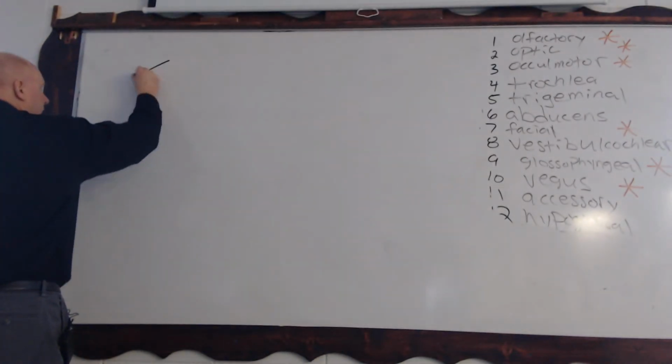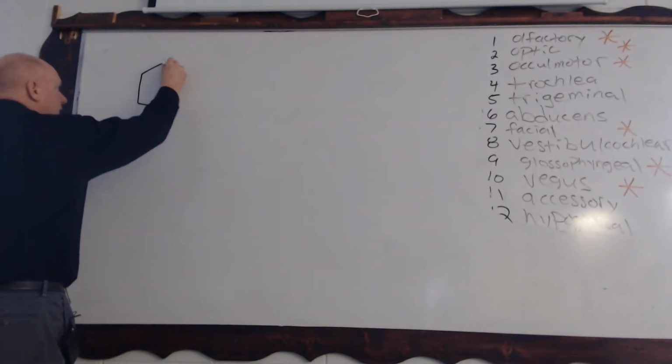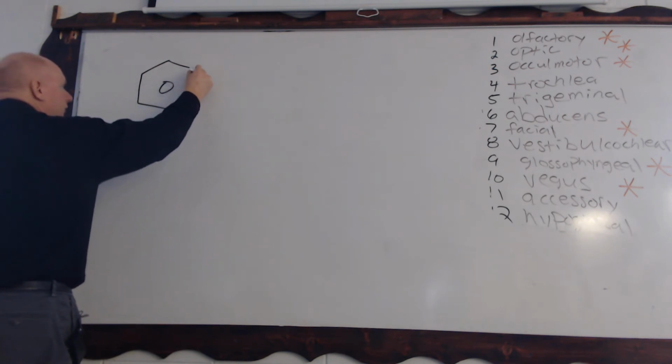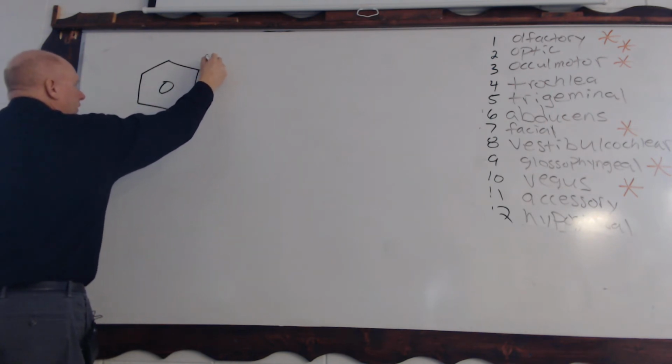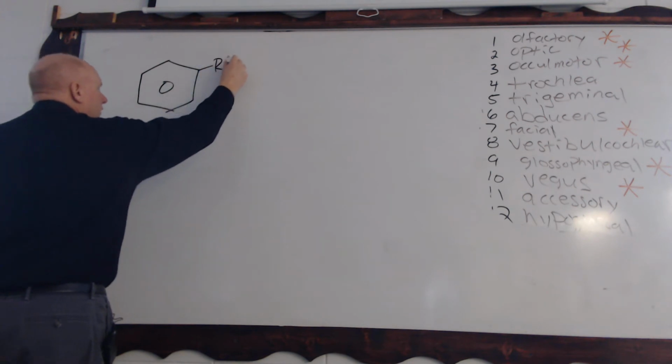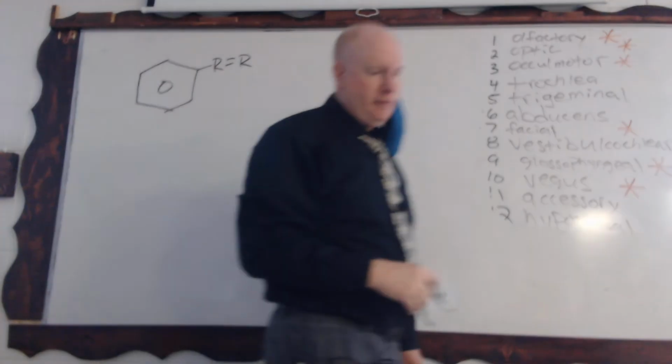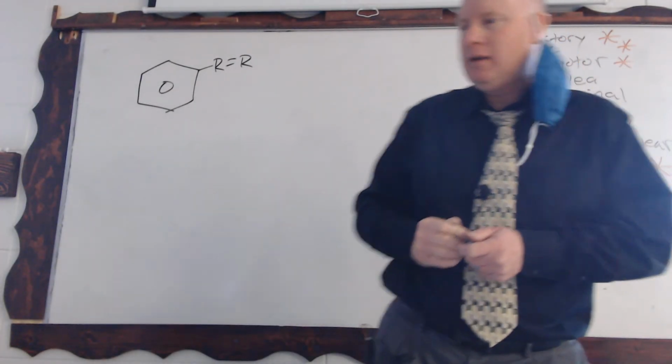So on that flow chart, what does it illustrate? It's going to have your benzene ring, and then let's just say, for instance, it has R, double R. It doesn't matter how many you have on there, or it doesn't have to be a double bond either.